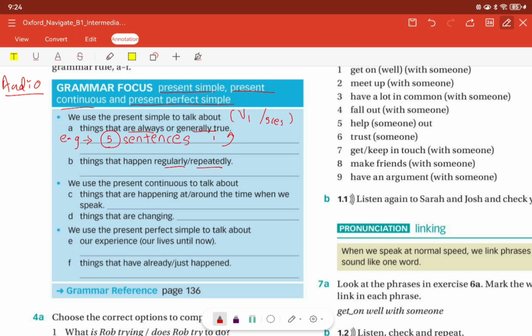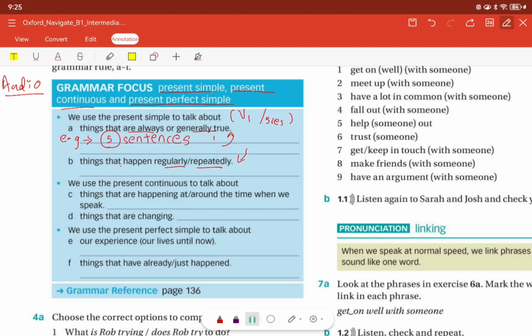The second rule is that we use present simple when we talk about things that happen regularly or repeatedly. For example, you say I usually get up at 6 in the morning every day. That means every day you get up at 6.